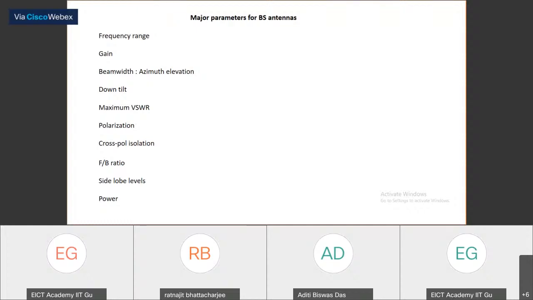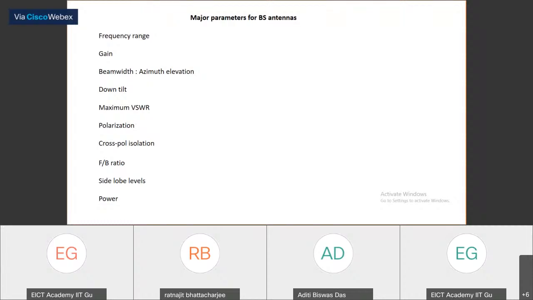So this power level has to be designed keeping in mind the regulation limits which a particular country follows. Some bodies are FCC, ICNIRP. These are the bodies that say how much power you can radiate, and accordingly the base station power is chosen. So these are the electrical parameters I have discussed.